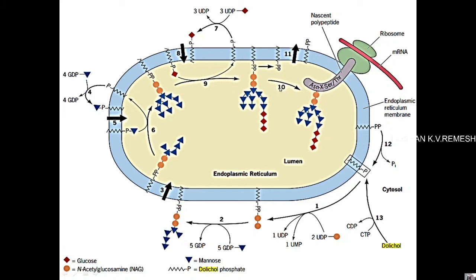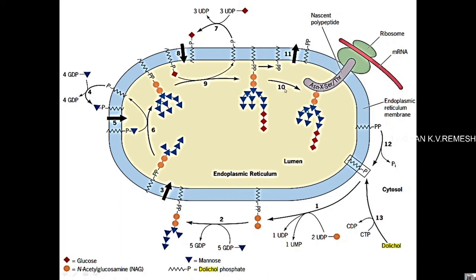Another most important thing in the synthesis of glycoprotein: if oligosaccharide transferase transfers the carbohydrate moiety onto the asparagine of the nascent polypeptide chain, then this kind of glycosylation is known as N-linked glycosylation, because the carbohydrate moiety is attached to the nascent polypeptide chain through an amino group of the asparagine.